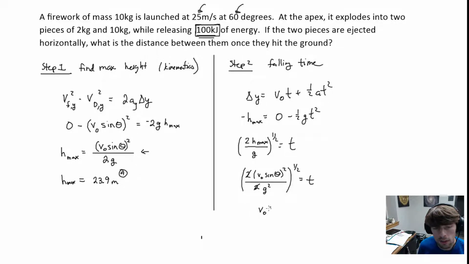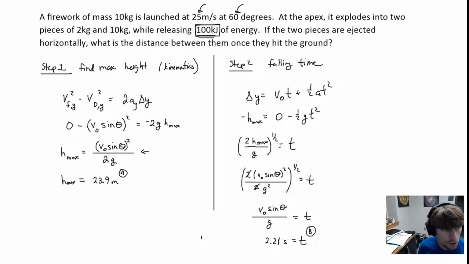This is just V naught sine of theta divided by g. That's equal to my time interval. Plugging in, if you'd prefer, 25 times sine of 60 divided by 9.8, I get something like 2.2 seconds equals t. I'll go ahead and store that as variable b, as in boy. Good so far?